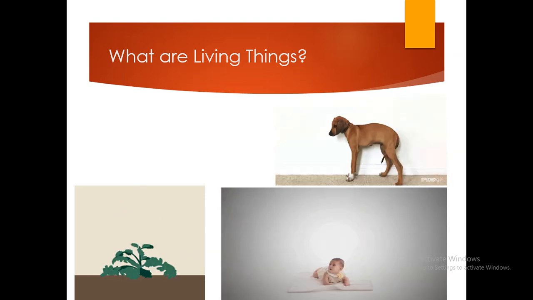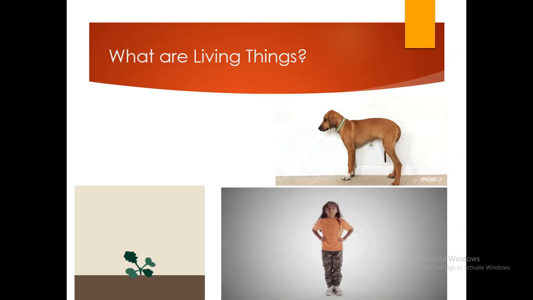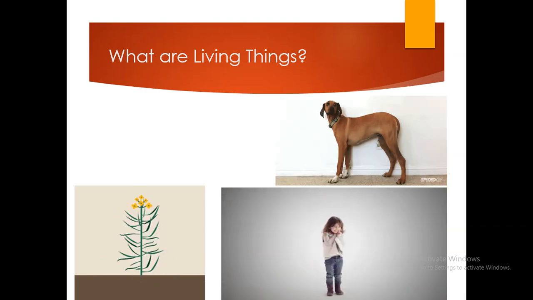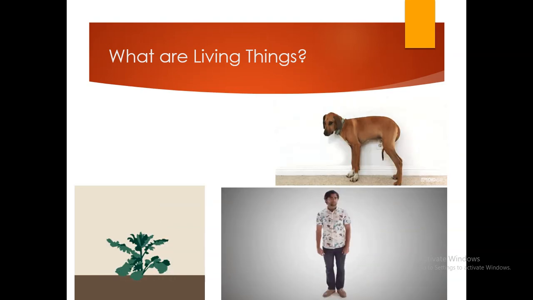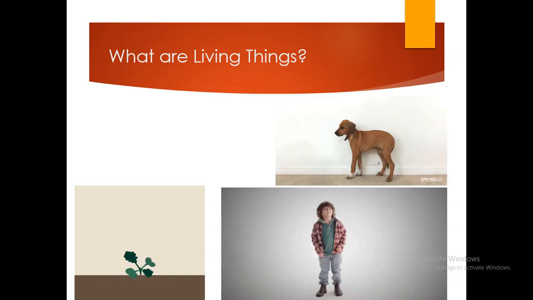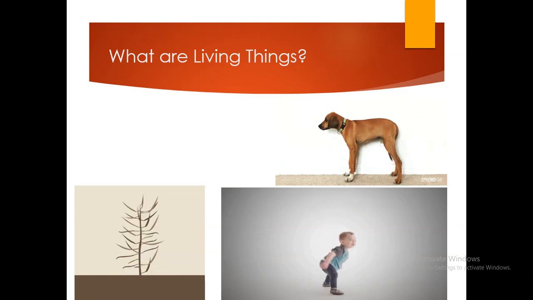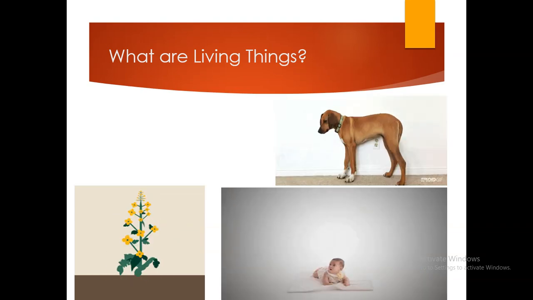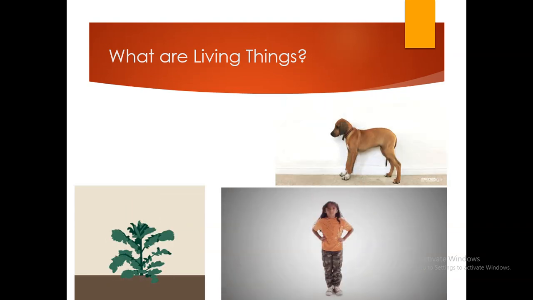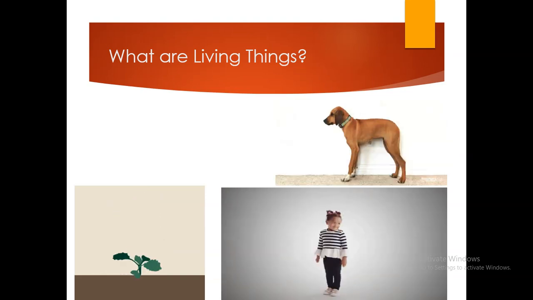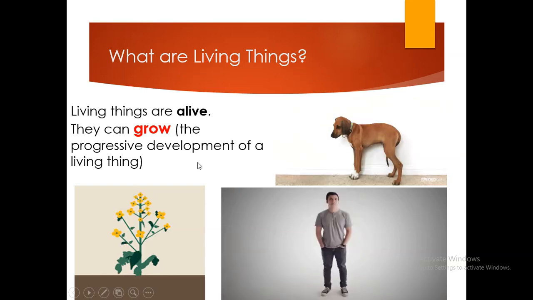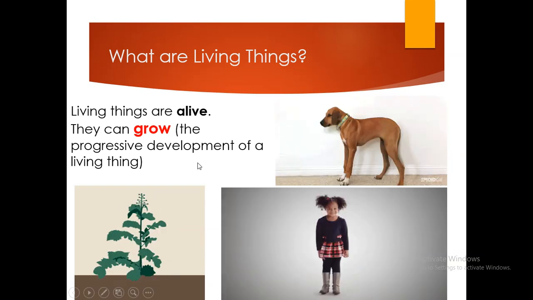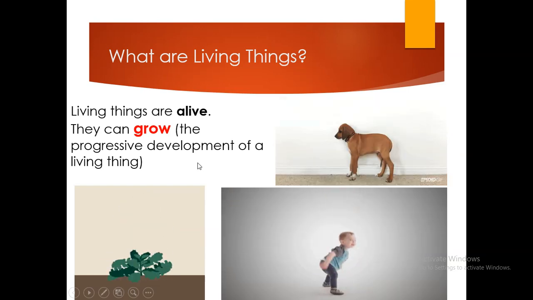You can have a wife or a husband and start a family with babies and everything, inshallah. And then, after a long life, you'll be an old man or an old woman. You're going to be elderly, right? So you grow. Living things are alive. They can grow. That means the progressive development of a living thing.